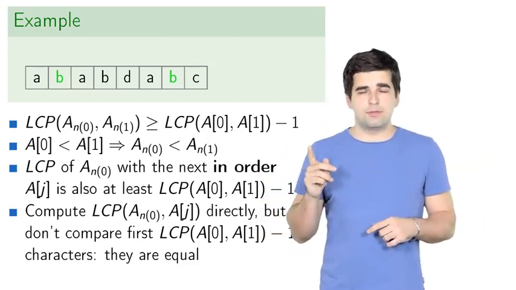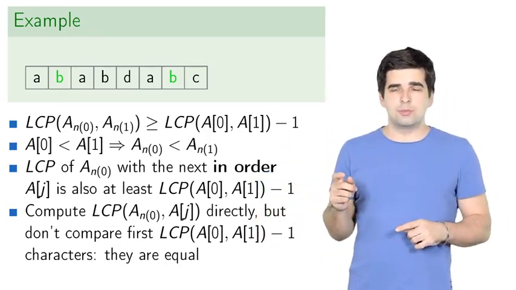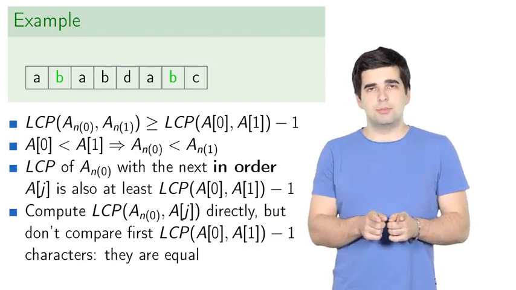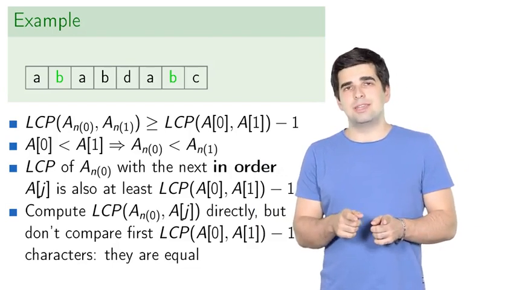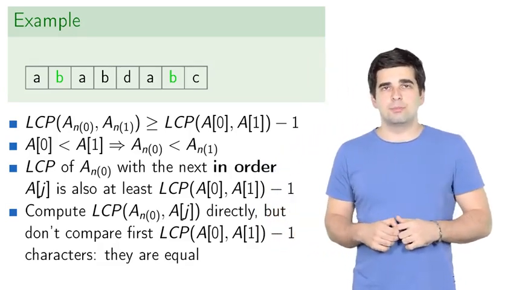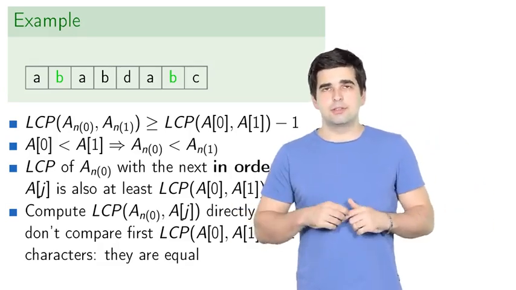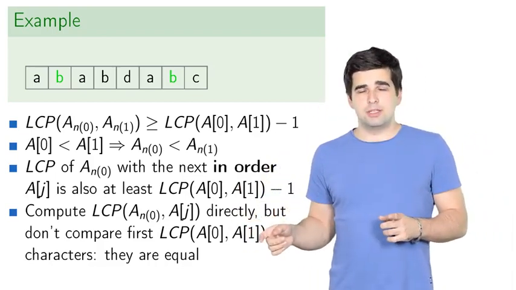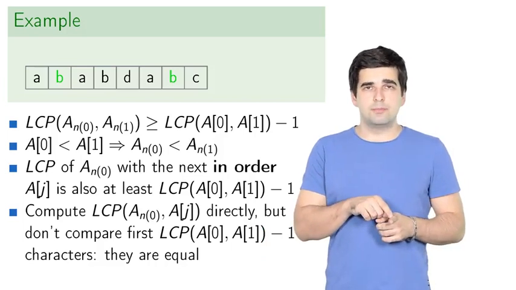So this is how LCP corresponds to the tree. If you go to the next suffix, it again has the same longest common prefix with the previous suffix. So we have the same common path from root to the next node by edge A, and then the part of the path is different from the current suffix and from the previous one.